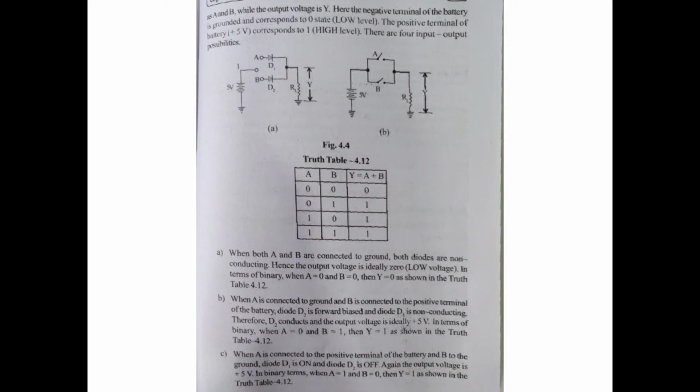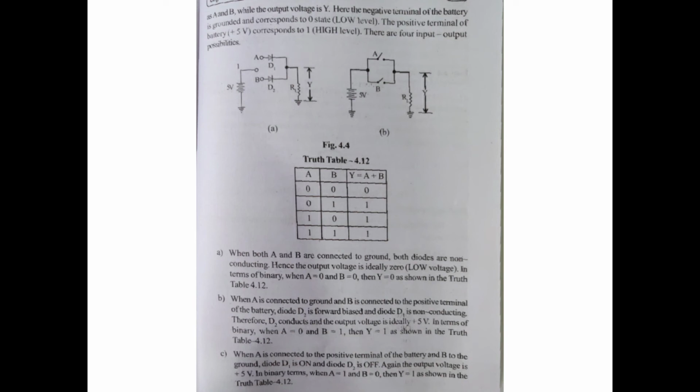When A is connected to ground and B is connected to the positive terminal of the battery, diode D2 is forward biased and diode D1 is non-conducting. Therefore, D2 conducts and the output voltage is ideally plus 5 volts.